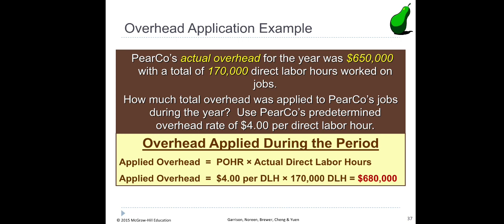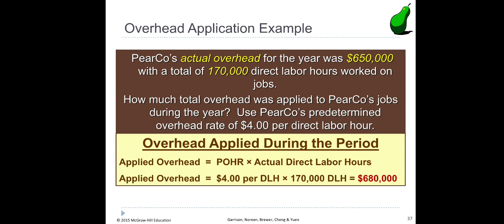So how much is the applied overhead cost that the business calculated using POHR during the accounting period? Applied overhead equals predetermined overhead rate times actual allocation base, or actual direct labor hours. The POHR is $4 per direct labor hour, and the actual direct labor hours is 170,000 during the year. So the total applied overhead cost during the year equals $680,000.